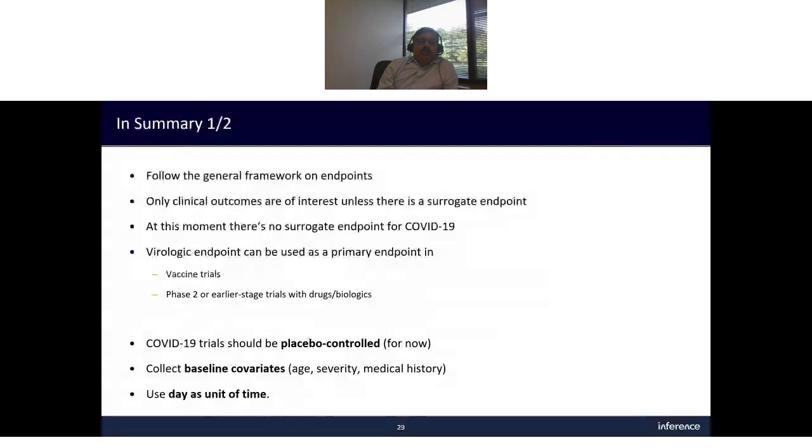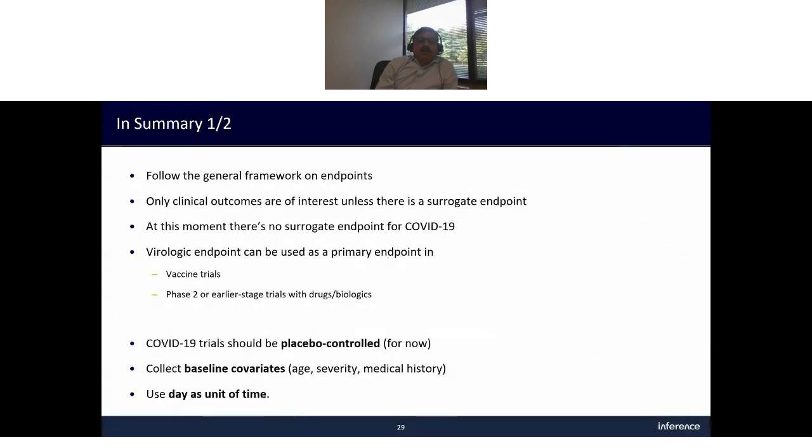How do we deal with it? And given the current situation, sometimes it could be challenging, because people could miss visits, depending on the endpoint. If somebody would miss a visit, what would you do? There could be a lot of missing data, right? So there are things to think about.